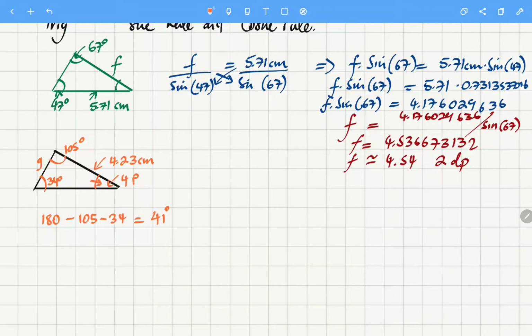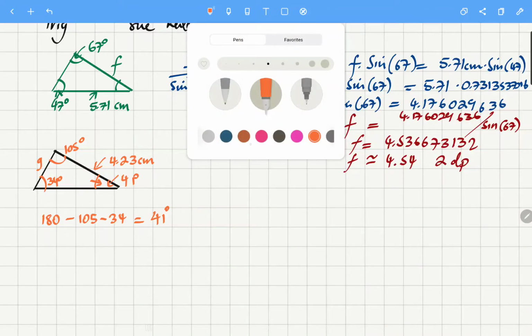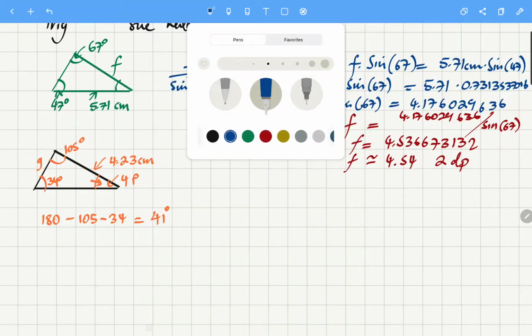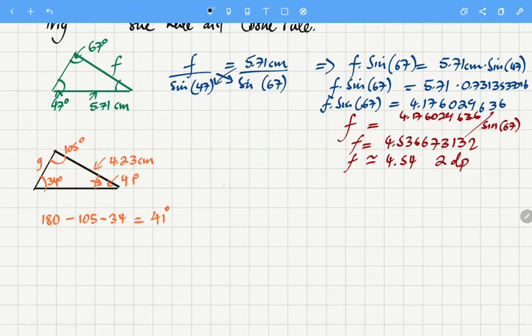Simplifying things further, 4.23 divided by the sine of 34 equals G divided by the sine of 41.